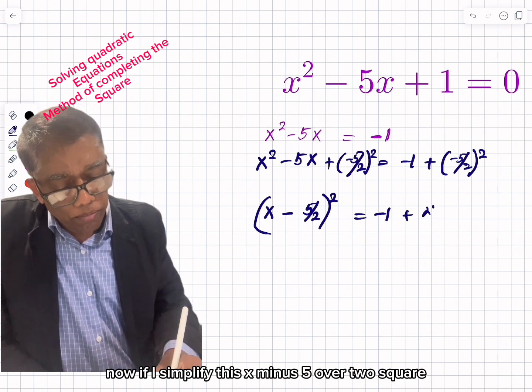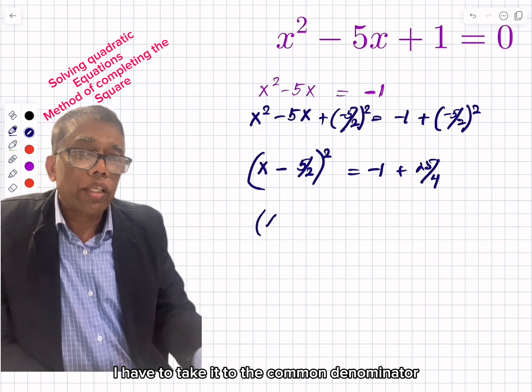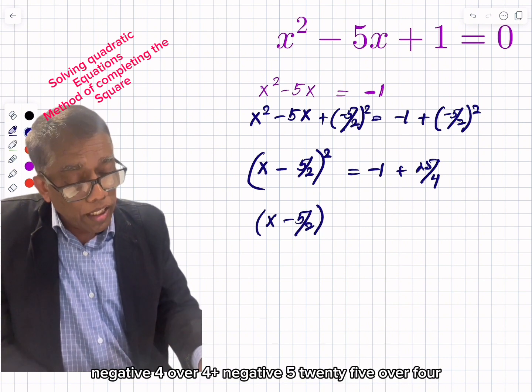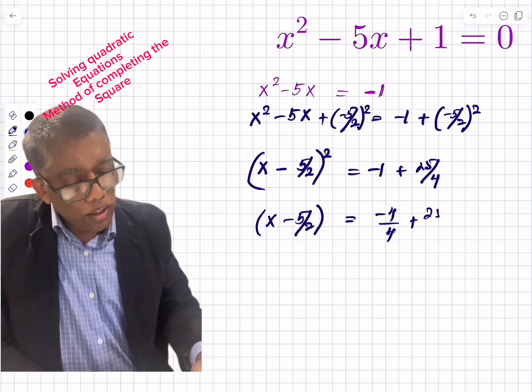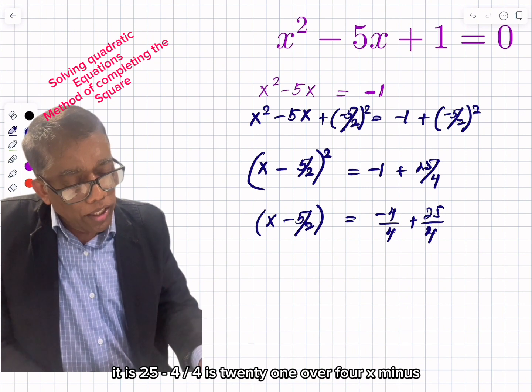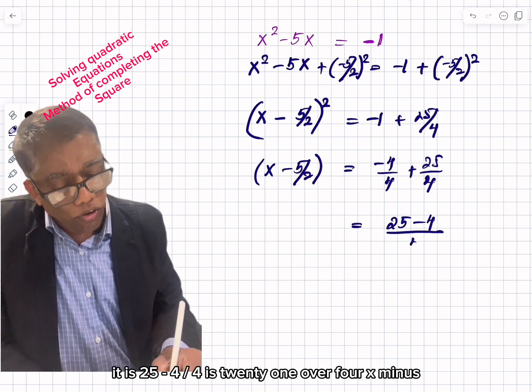Now, if I simplify this, x minus 5 over 2 square, I have to take it to the common denominator: negative 4 over 4 plus 25 over 4. What is it? It is 25 minus 4 divided by 4. It is 21 over 4.